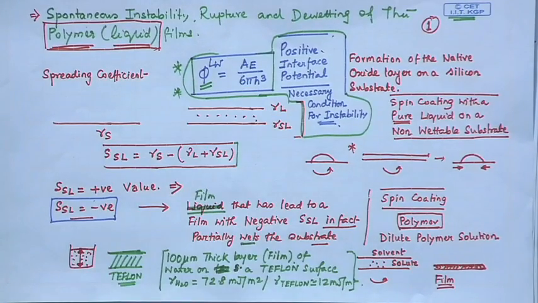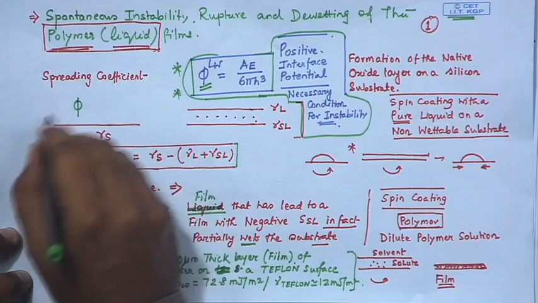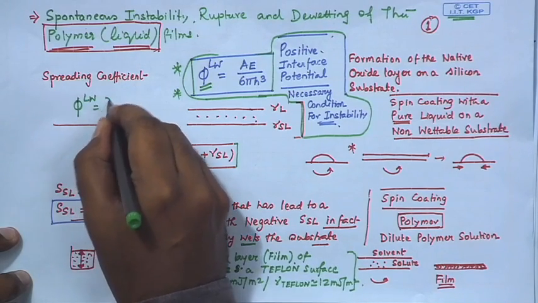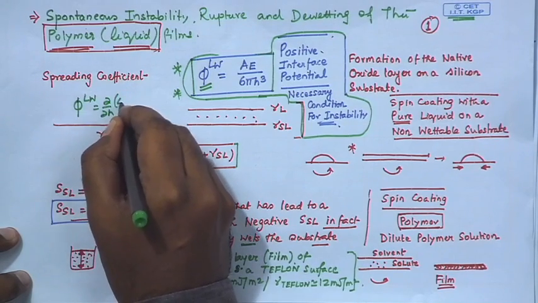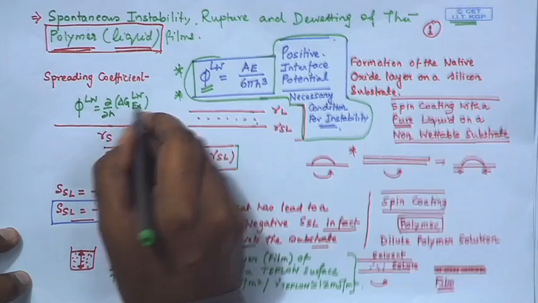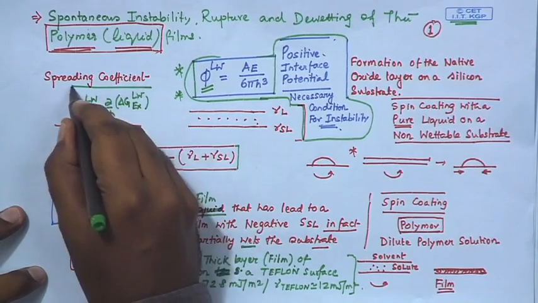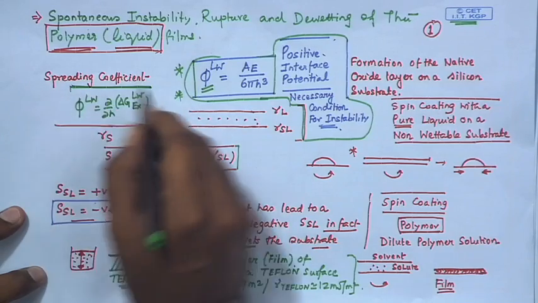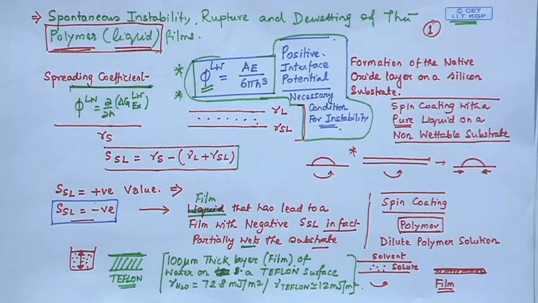However, if you now look into this effective Hamaker effective interface potential, what we have got from the consideration of the excess free energy, let me also write down its expression as delta G LW excess. What does it give?